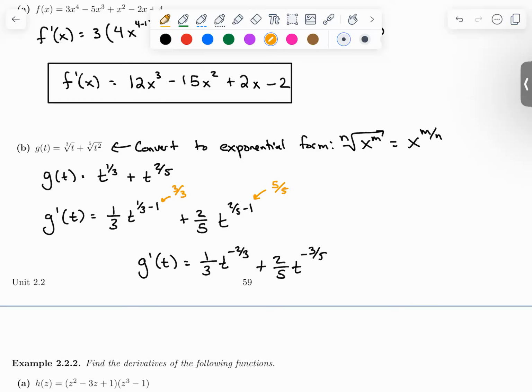So 1 minus 3, that's -2. 2 minus 5, that's -3. That's the trick to do it quickly. You're also allowed to use a calculator in this class, especially if it's a nasty fraction. Maybe if it's like 175 over 23,000 and you need to subtract 1, then use a calculator. But the more you practice, the quicker you get it, I promise you.